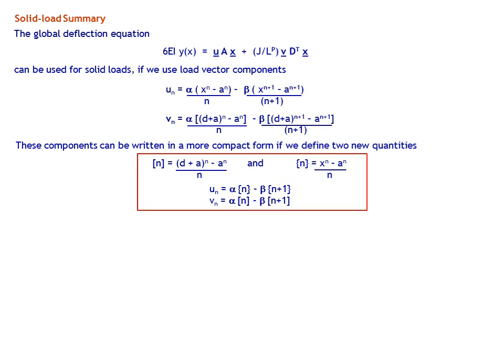As well as being more compact, this form also shows up the symmetry between un and vn, where they can be transformed into each other by changing a curly bracket to a square bracket or vice versa.